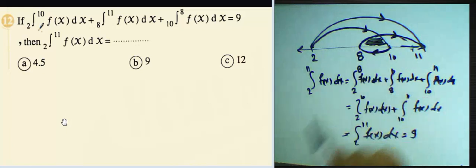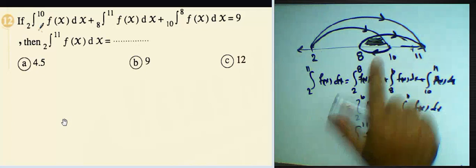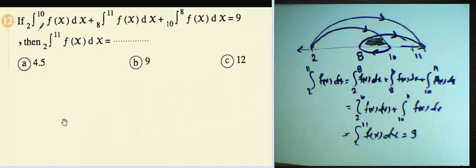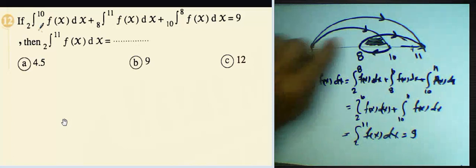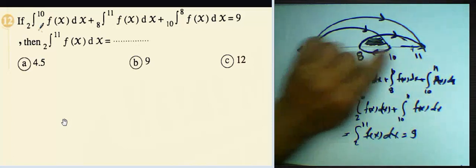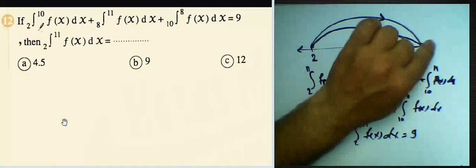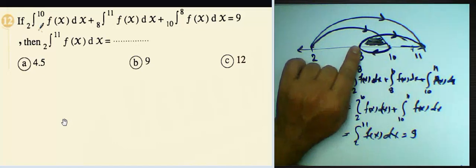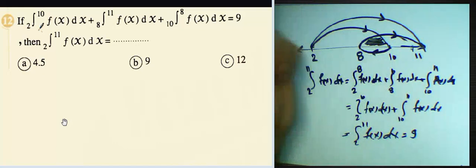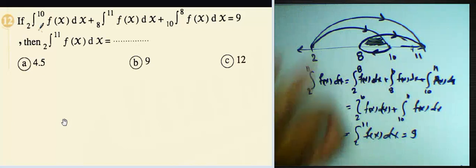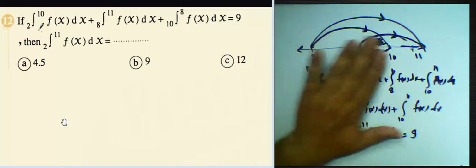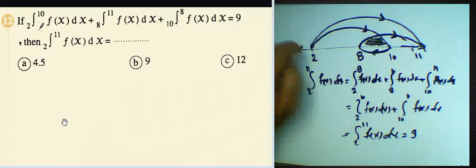The result will be 0. We can cancel this part here. Okay, because 2 to 10 plus 8 to 11 will be 2 to 11, because the integration from 2 to 10 includes 8 to the inverse. This part from 10 to 8 will be 0. So it equals the integration from 2 to 11 in the same step, in one part.